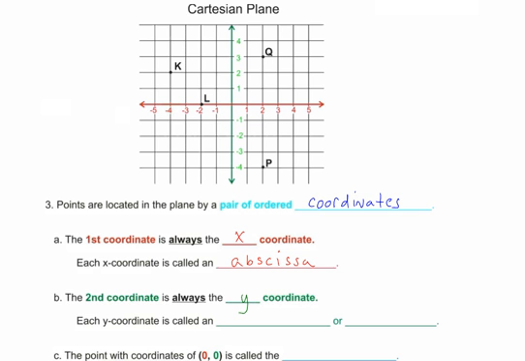You're co-off, so you got to drop the co. Actually, it's ordinate. O-R-D-I-N-A-T-E. You drop the co. So drop the co off the word coordinate, and you get ordinate. Ordinate.